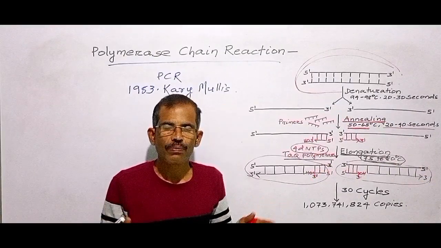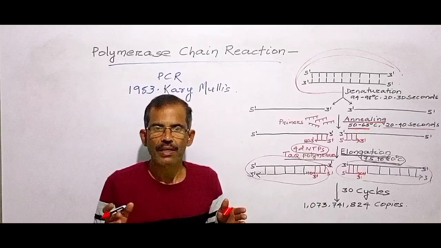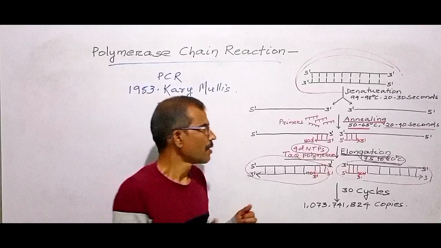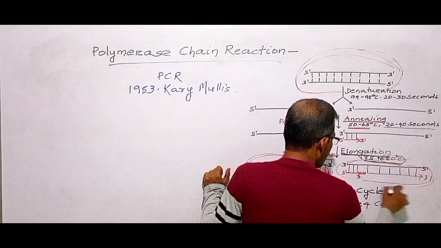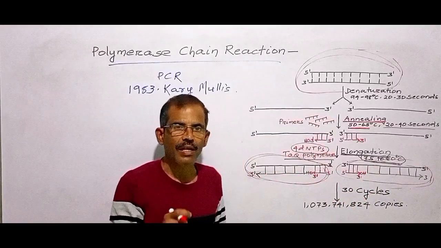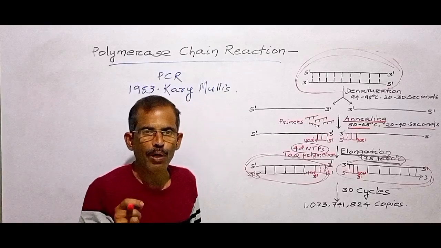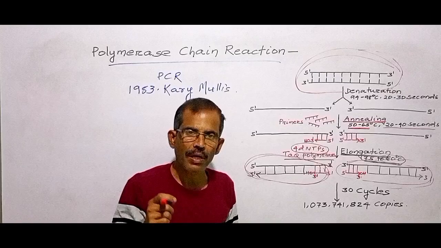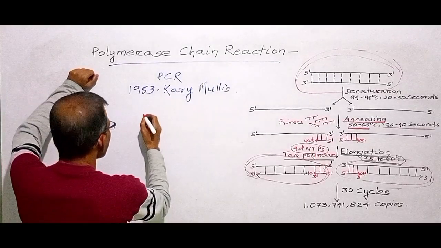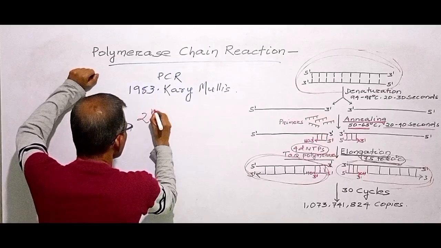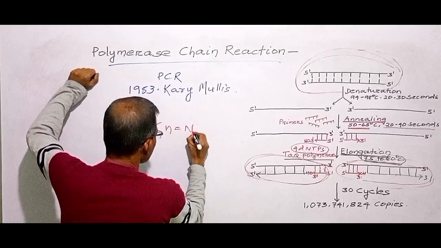The process of denaturation, annealing and elongation constitutes one cycle. In one cycle, from a template, two DNA copies are obtained. Multiple cycles are required to amplify DNA sequences to get millions of copies. The number of DNA copies obtained after a given number of cycles can be calculated by the formula 2 to the power n, where n is the number of cycles.